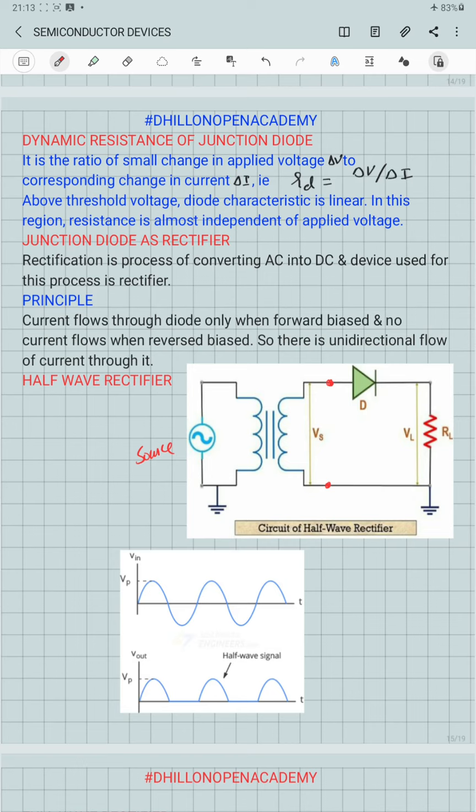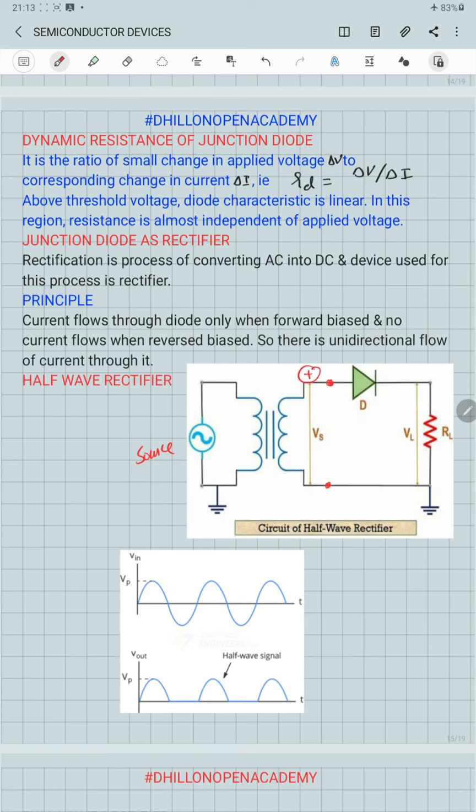When the transformer steps down the voltage at its secondary, it still remains AC, alternating in nature. So it contains both cycles, positive half cycle and negative half cycle. Both half cycles, positive as well as negative, are present over here. When the positive half cycle appears across the secondary, the upper terminal of the secondary becomes at higher potential.